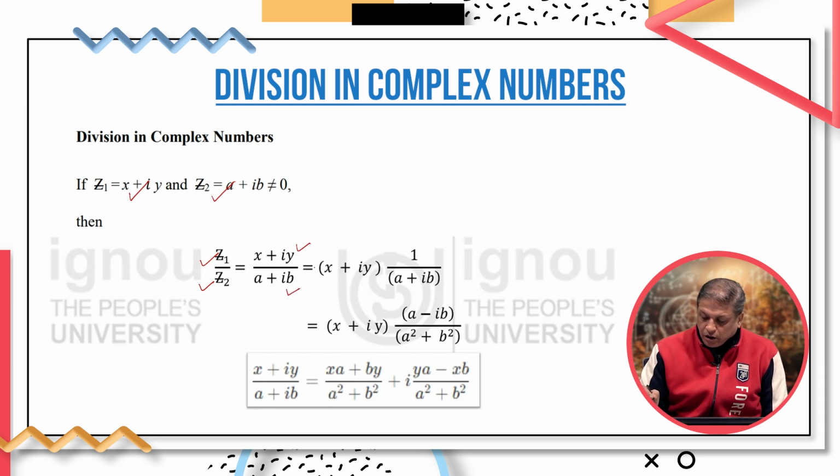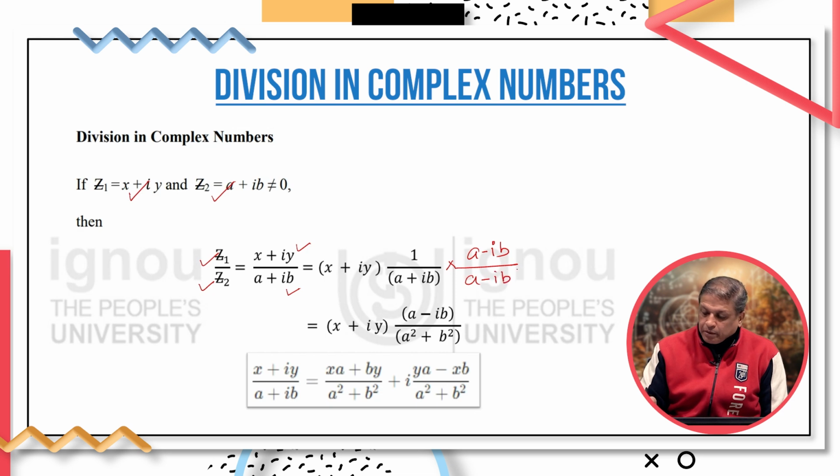Now, again on the same lines, because we have a complex number in the denominator, in order to solve this, we are supposed to multiply this with the conjugate of a plus ib, that is a minus ib.